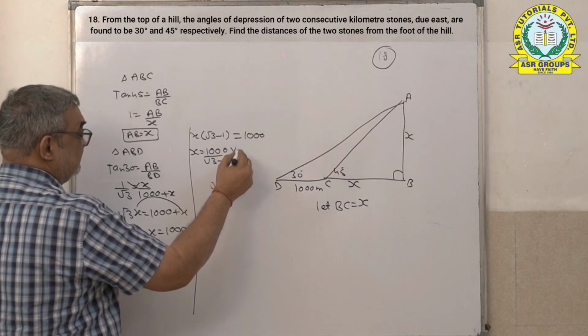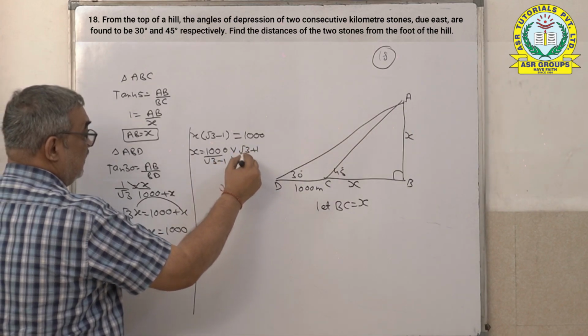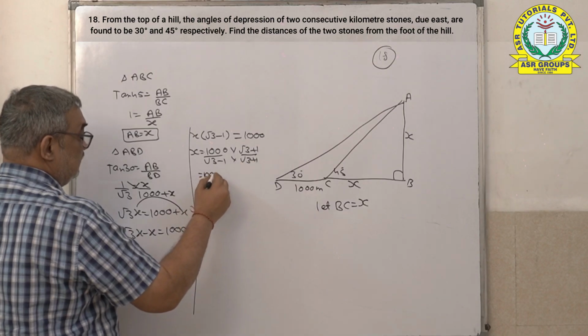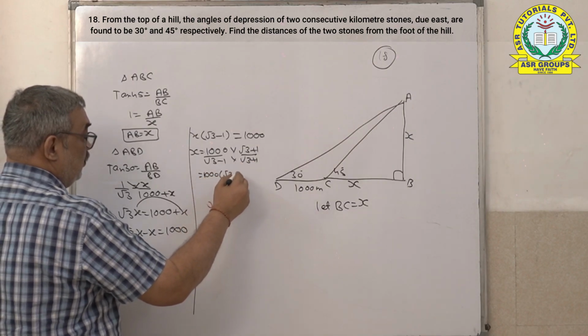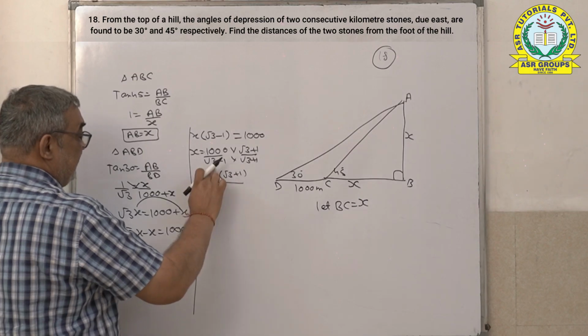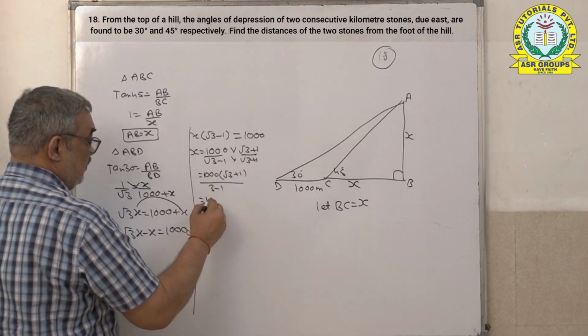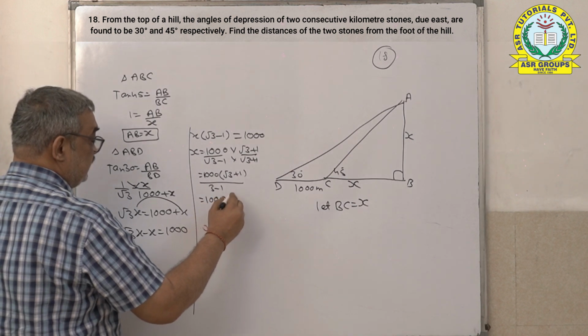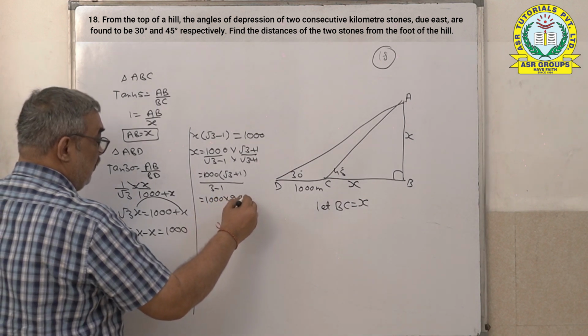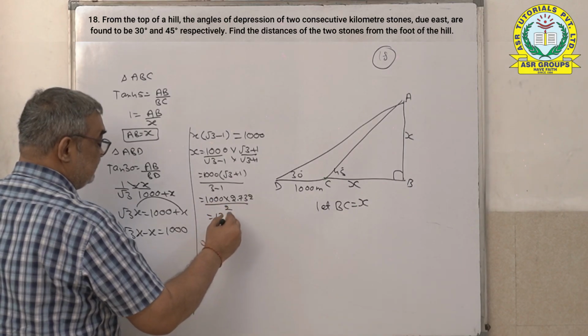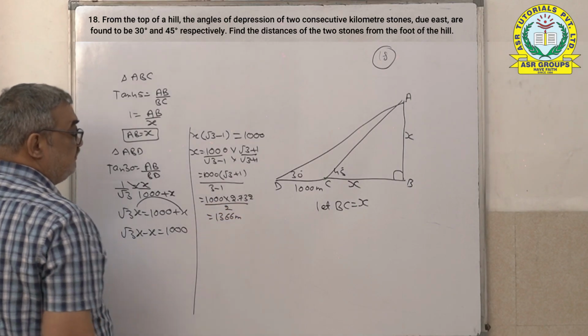We'll rationalize: 1000 upon root 3 plus 1, A minus B into A plus B. 1000 into 2.732 upon 2, 1366 meter.